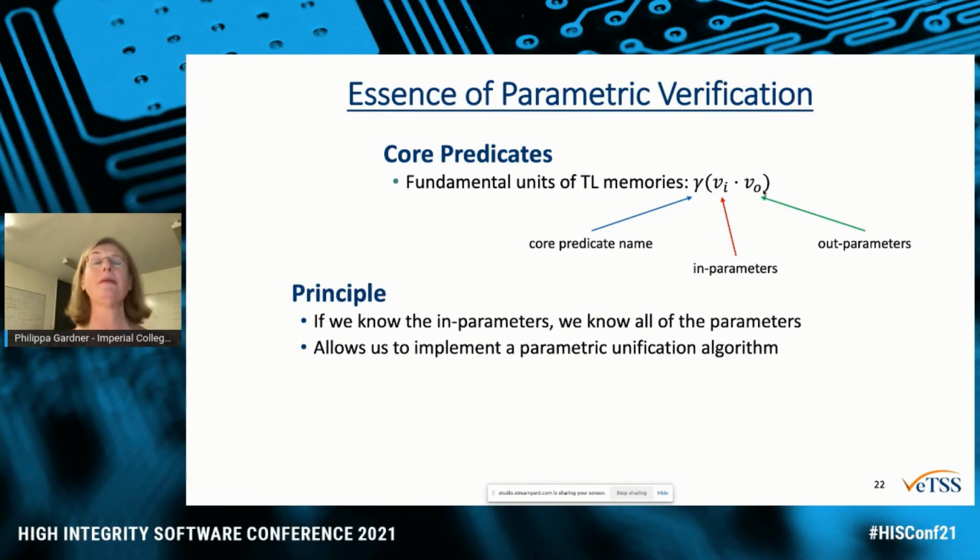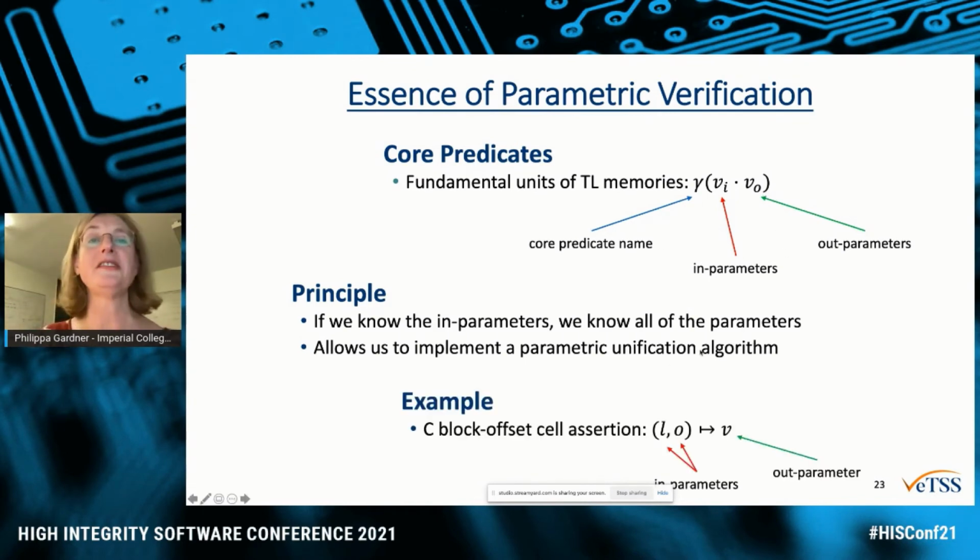So we have the memory we're working with, and we're trying to unify the memory with respect to a core predicate, where we have symbolic inputs, meaning logical variables that we're trying to instantiate with the current memory, which is also symbolic. And we are working with the in parameters. That is enough. The out parameters can come for free.